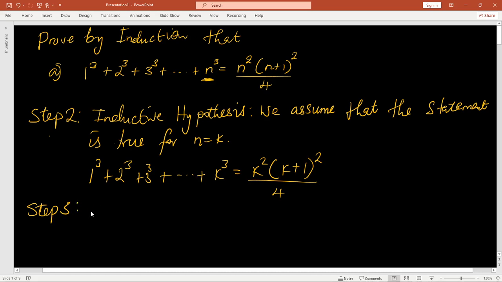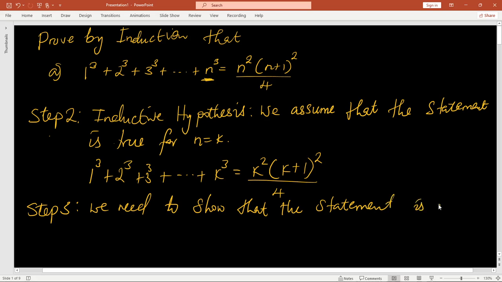So step number 3 here, we need to show that the statement is also true for n equal to k plus 1.